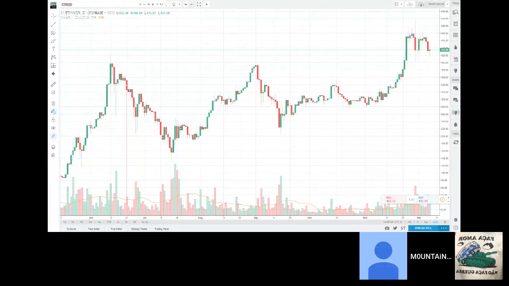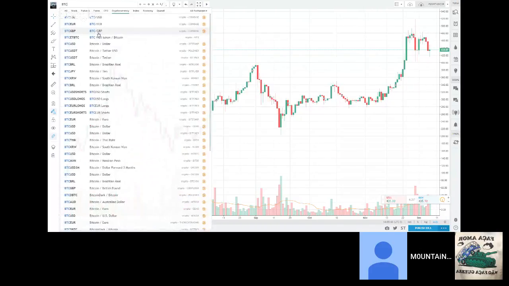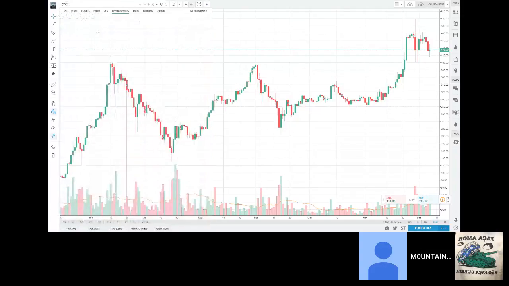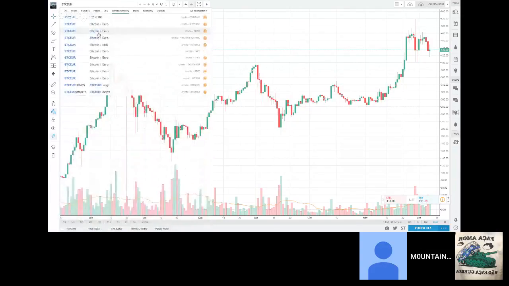So if you want to change between your security or commodity, you would type it in up here. So if I wanted to look up Bitcoin, I would just type in BTC. And if I wanted to look at it versus the euro, I would say EUR, and then I would find the particular market down here. So that's how you're going to switch from one coin or token to the next in TradingView.